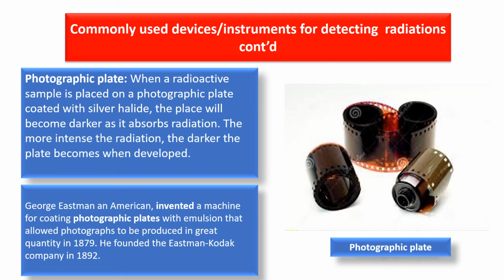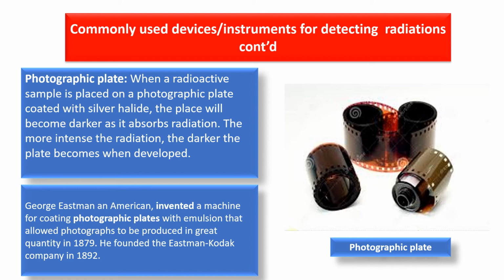Let us also look at photographic plates. In 1879, George Eastman in America invented a machine for coating photographic plates with emulsion, which led to the production of a great quantity of photographs.